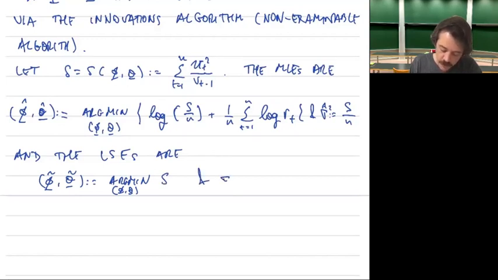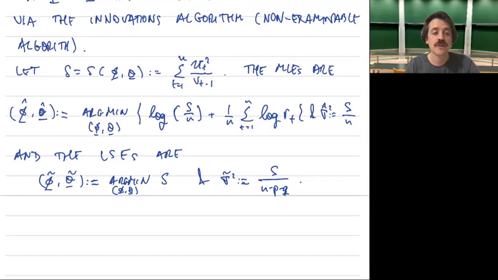And then for the sigma, very clean, we take S over n minus p minus q. Again, for these LSEs we didn't really need the likelihood to start with, and we could have guessed something like this just by generalizing, by considering least squares as one would do with the linear model, and not the normal one.